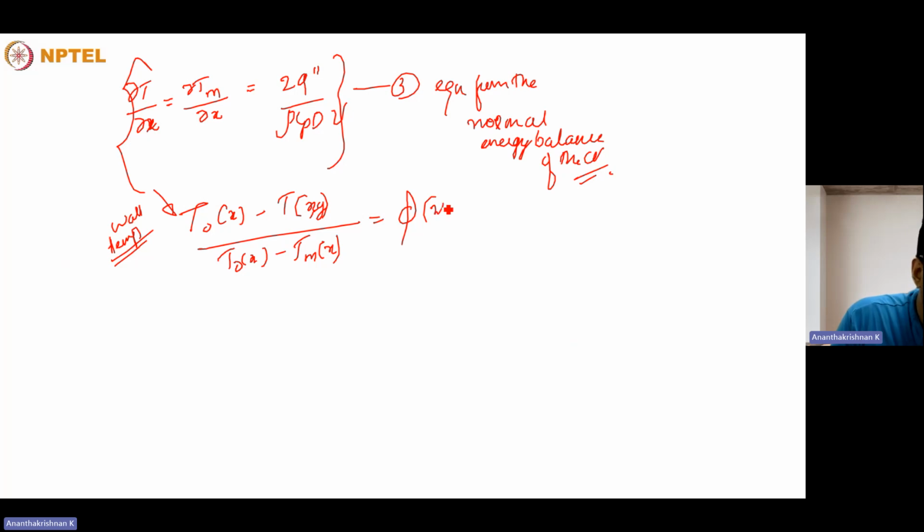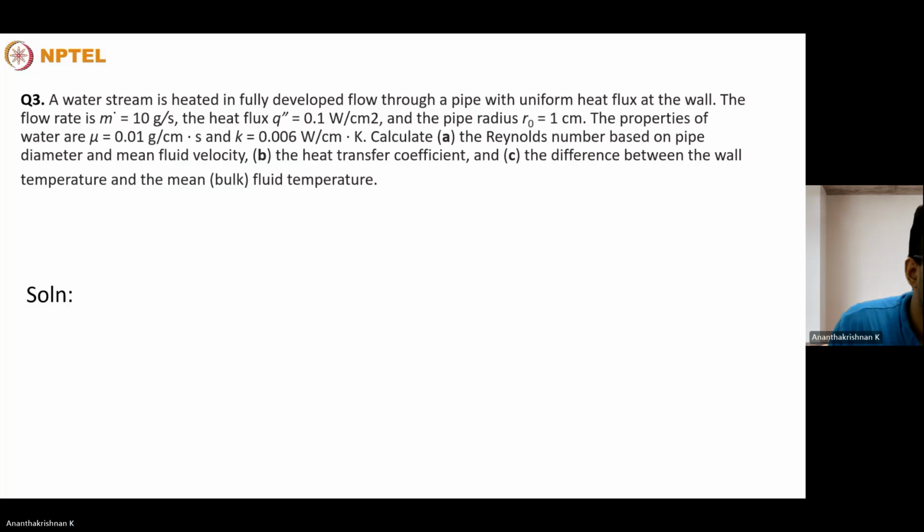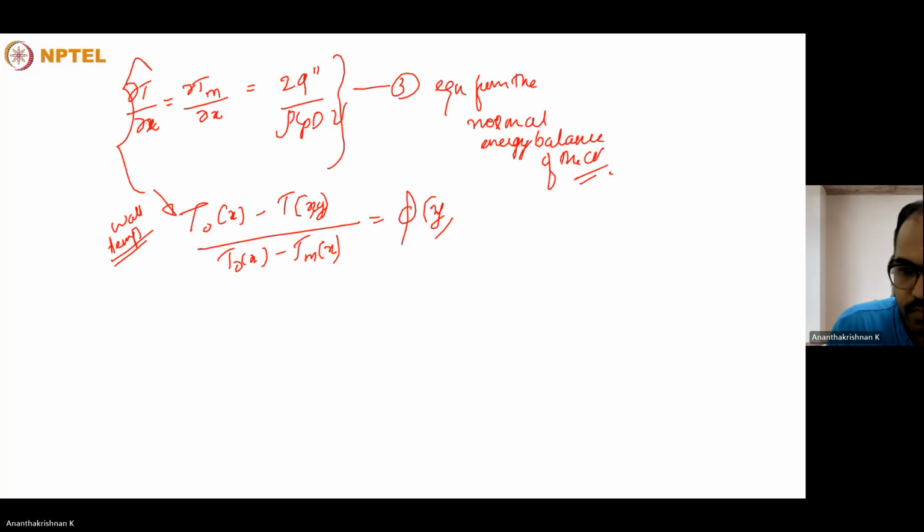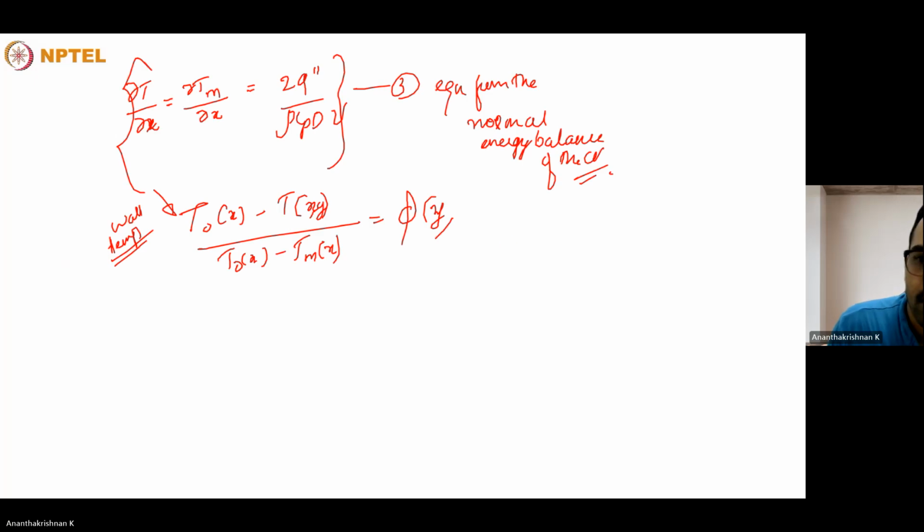So this depends upon the term y divided by d by 2, phi of d by 2. The process is called non-dimensionalizing the temperature.